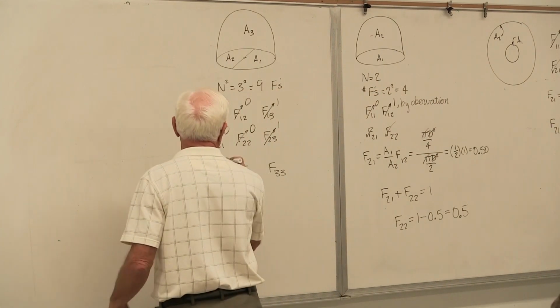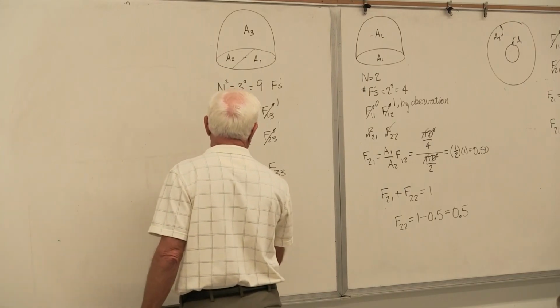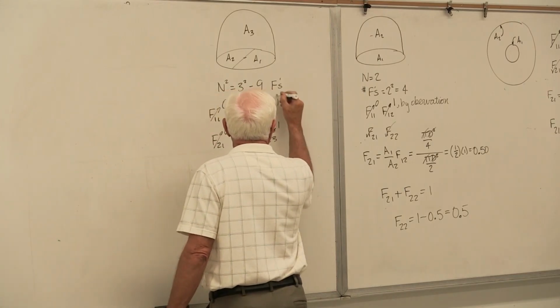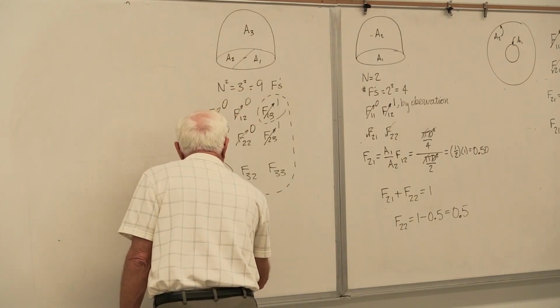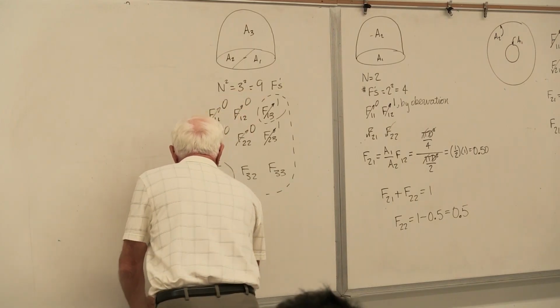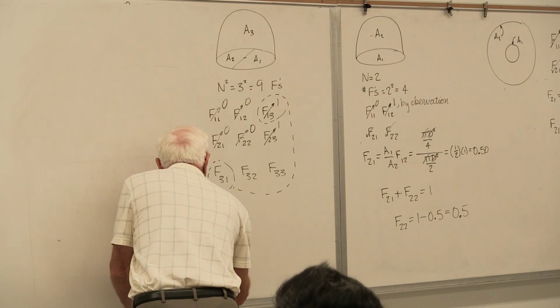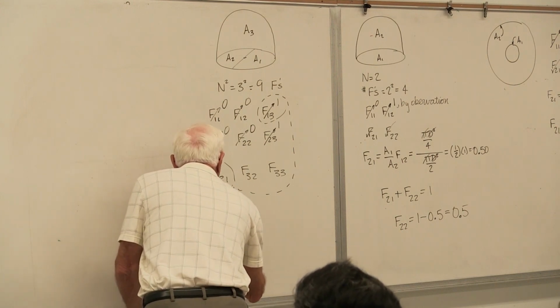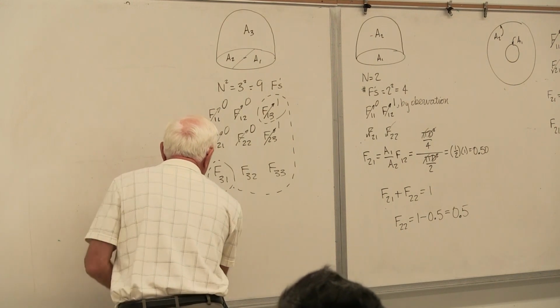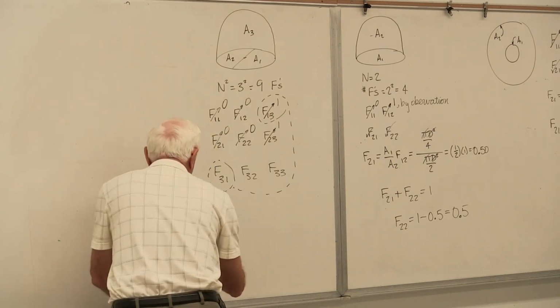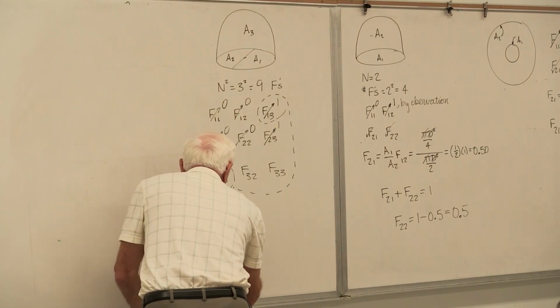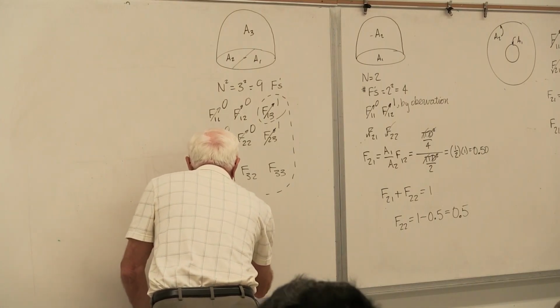Let's look at F31. F13, reciprocity. A3 F31 equals A1 F13.